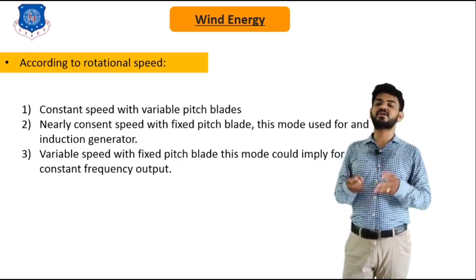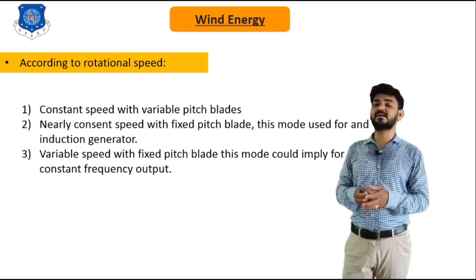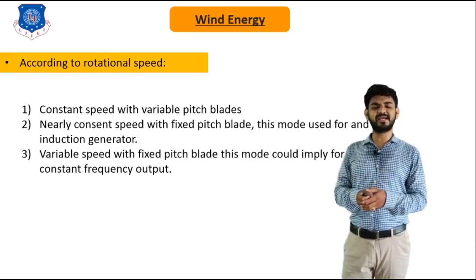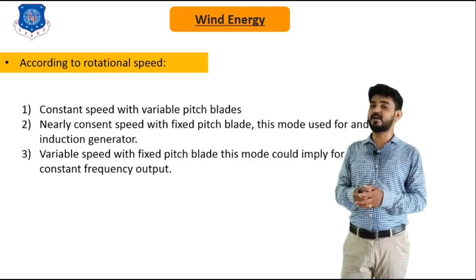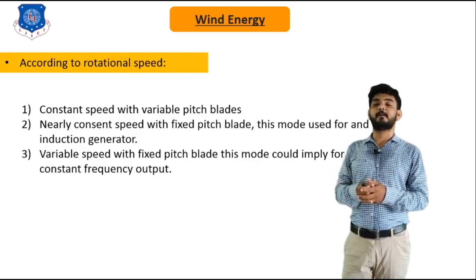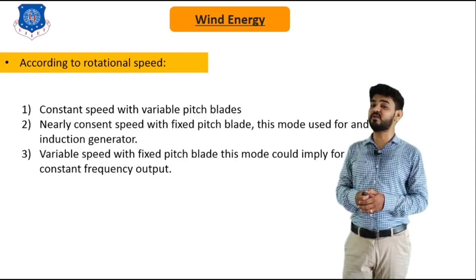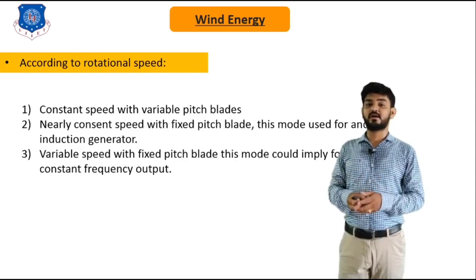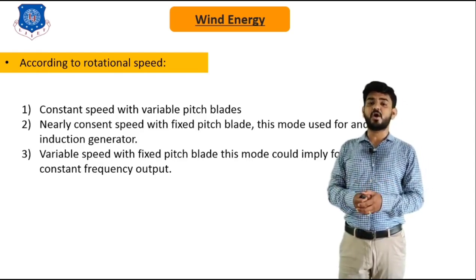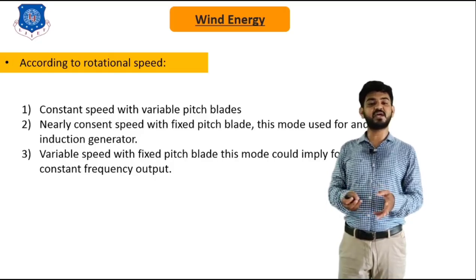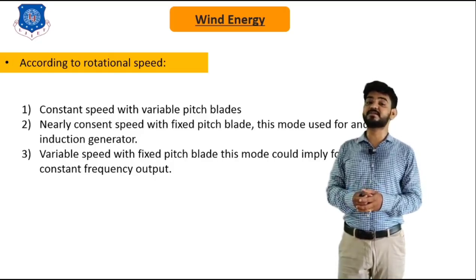This mode is used for induction generators. The third category is variable speed with fixed pitch blade. This mode could apply for constant frequency outputs. And this concludes all the classifications of wind energy conversion system.